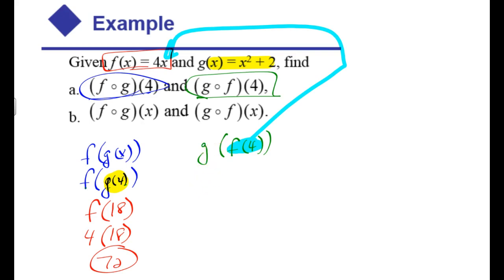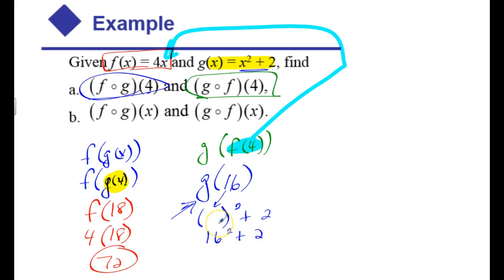So that's going to give me g at 16. And now this says go to the g function, which is right here. And instead of doing x squared plus 2, I'm going to plug that 16 right in here. So 16 squared plus 2, I'll bust out my calculator, and that'll be 258. So you can see these are not equivalent to each other.